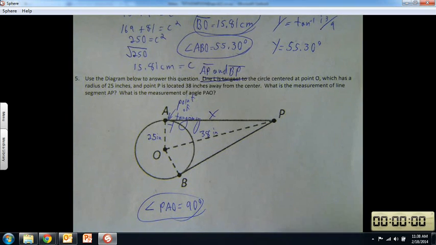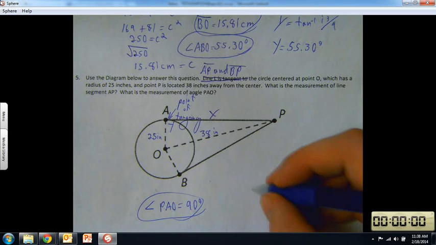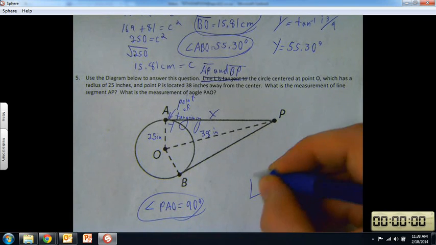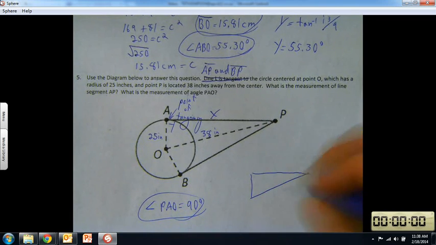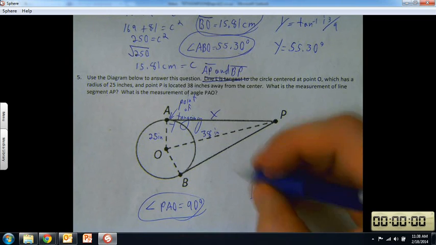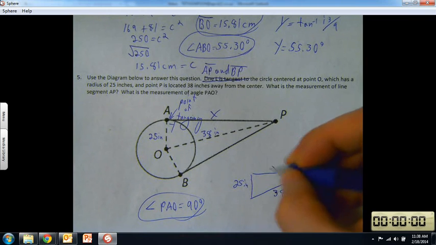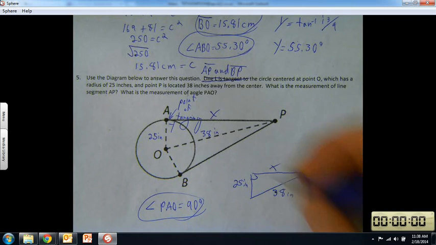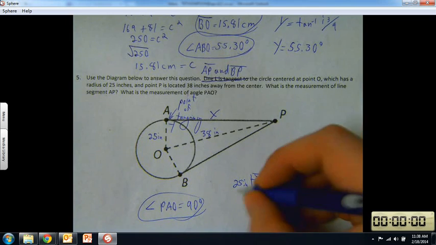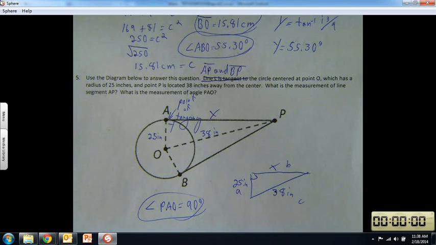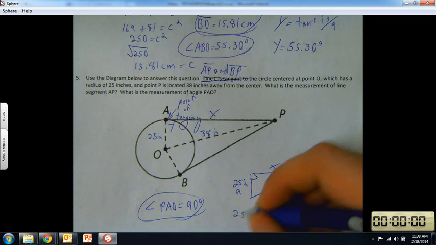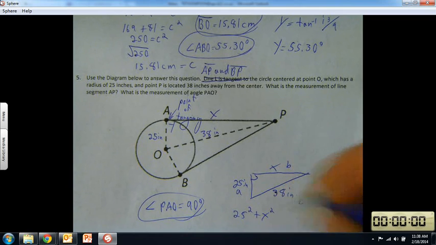Now, x. We have this triangle. This is 38 inches. This is 25 inches. This is what we want to find. Now, this time we're given the hypotenuse and asked for one of the a's or the b's. 25 squared plus x squared equals 38 squared.